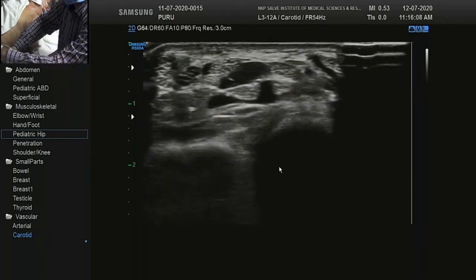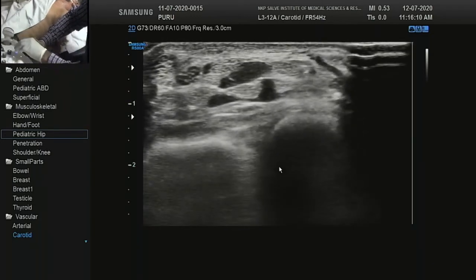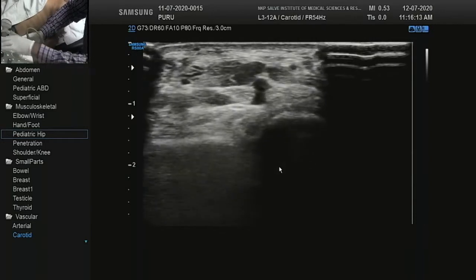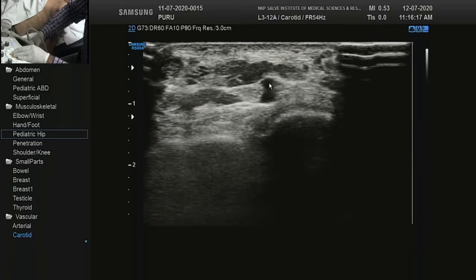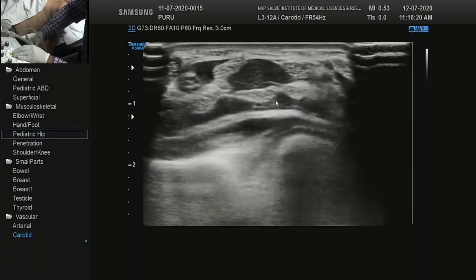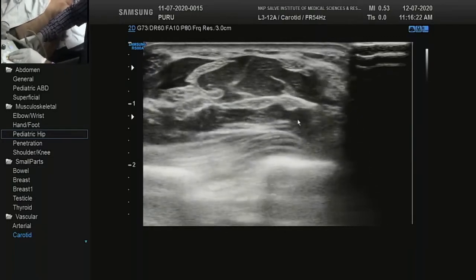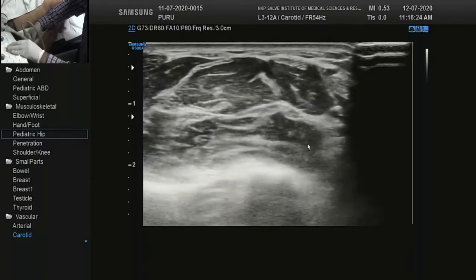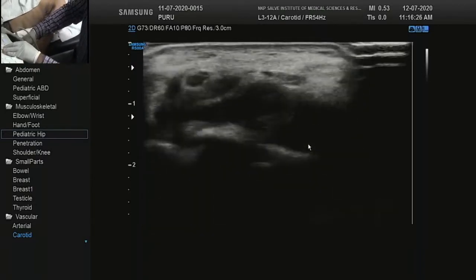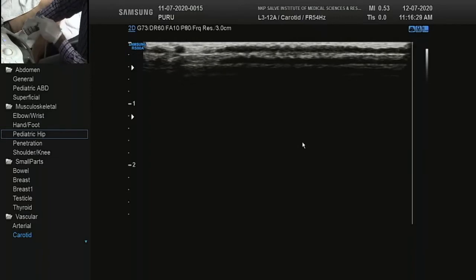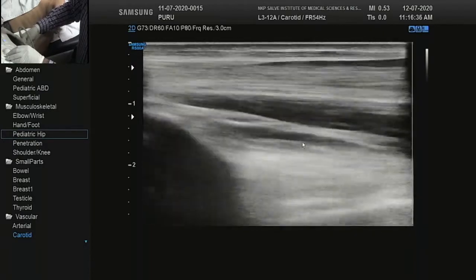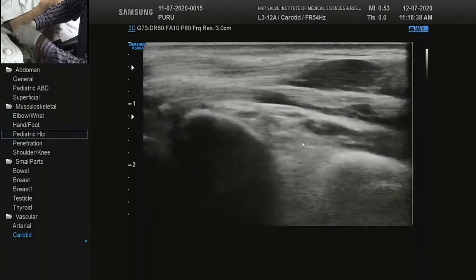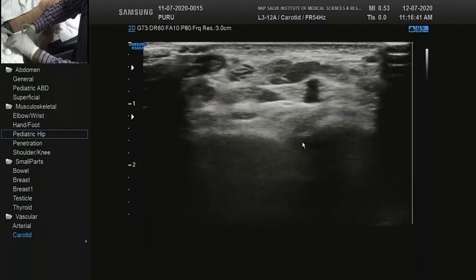At the elbow joint, the ulnar artery is again superficial like the radial artery. Here again you are seeing various structures. So this shows pulsatility. So this should be the ulnar artery, and you can trace it proximally. So once that is done, again in long section you can see that. This is the transverse.